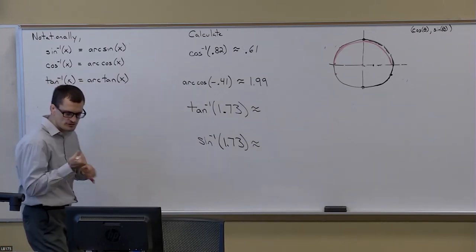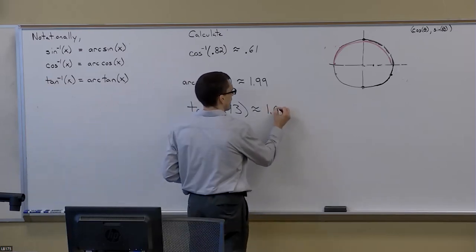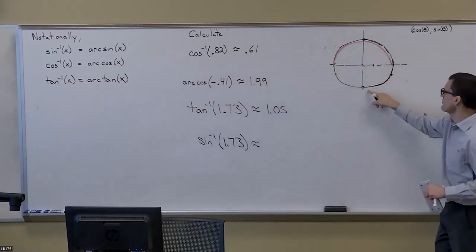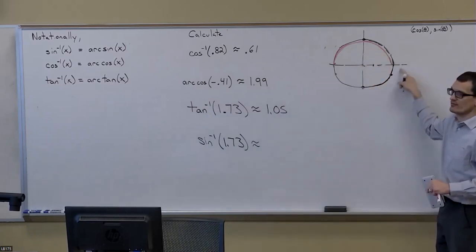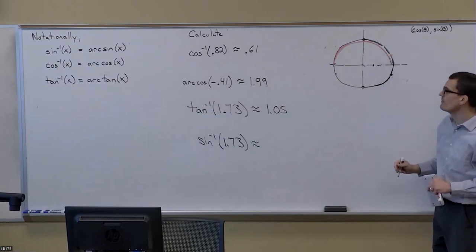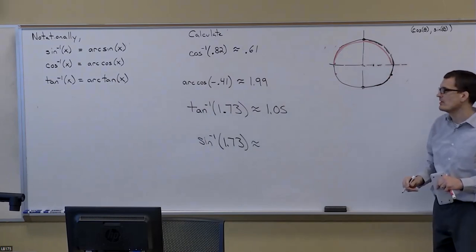On tan inverse, you should have gotten about 1.05. Again, that's first quadrant. Tangent, once again, is giving me values the same as sine, negative pi over 2 to pi over 2. So that's first quadrant, 1.05.